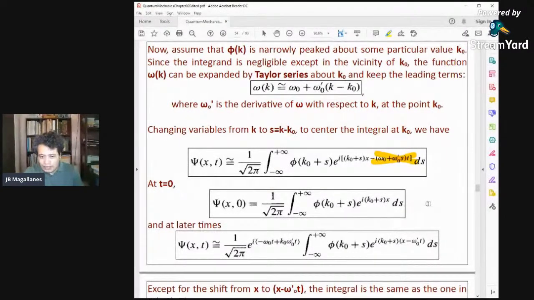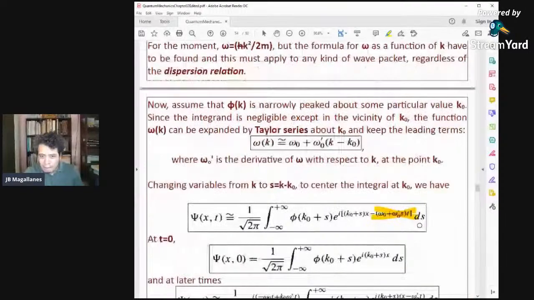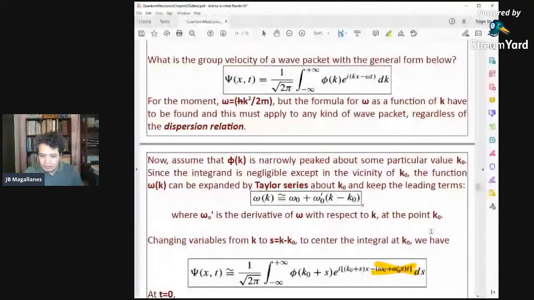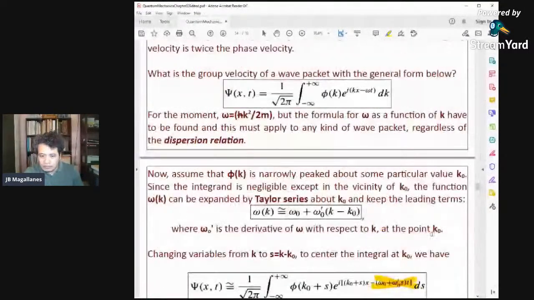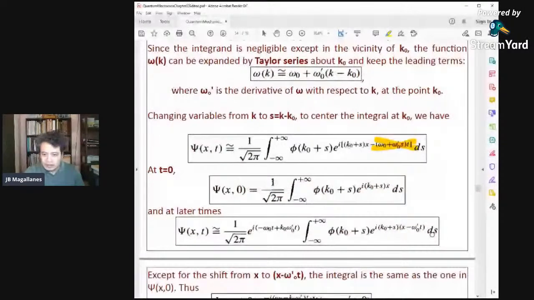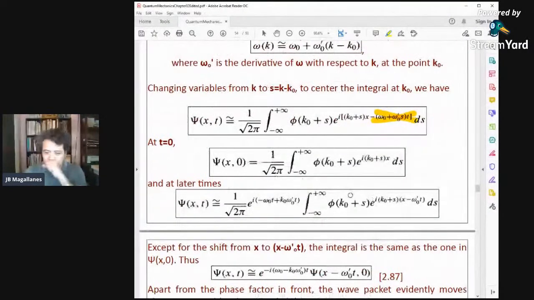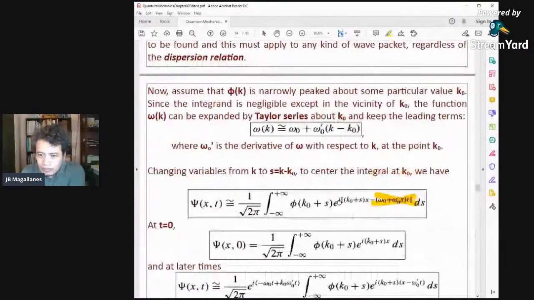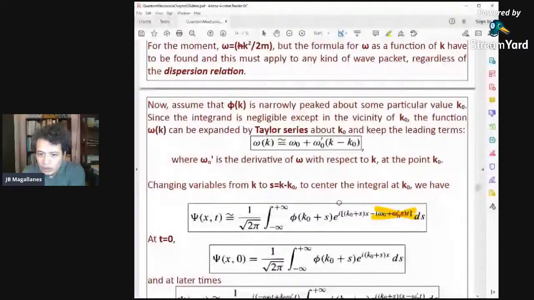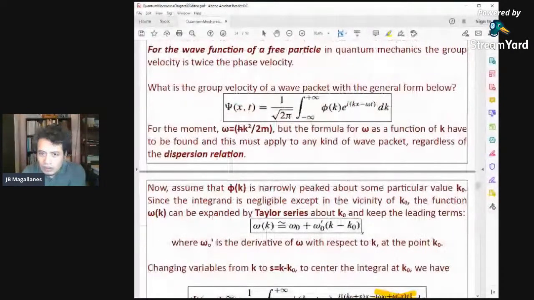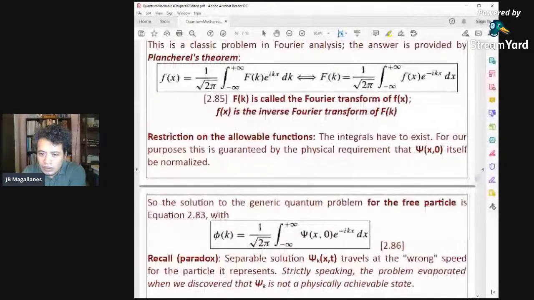And look at this term. This is just equal to what?